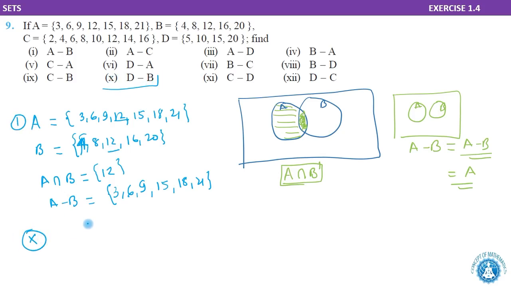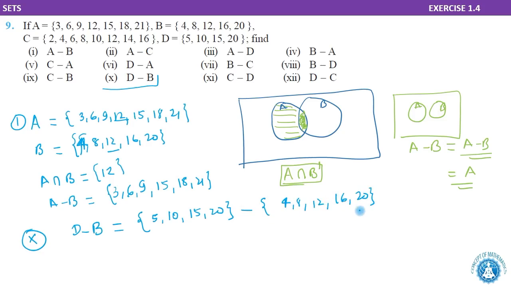We will remove all elements of B which are there in D. So D minus B will have D equal to 5, 10, 15 and 20, and B would have 4, 8, 12, 16 and 20.